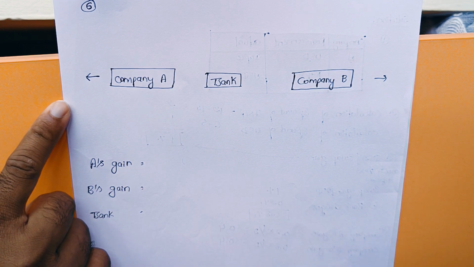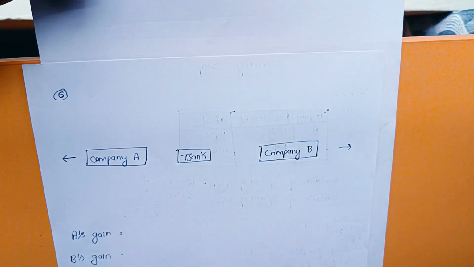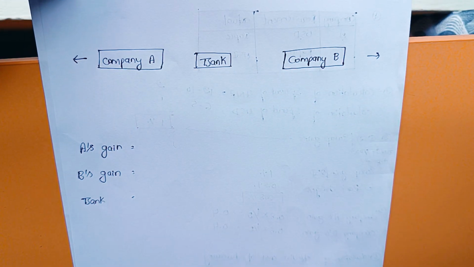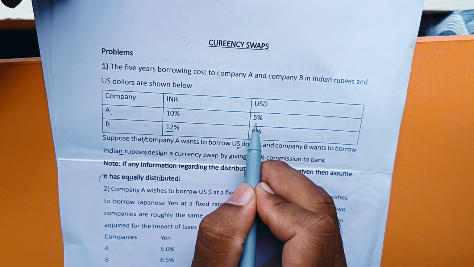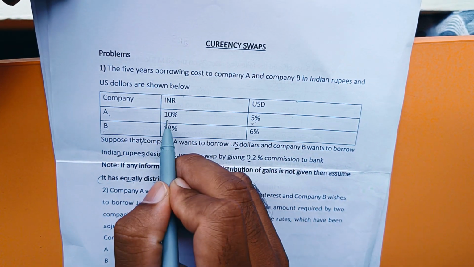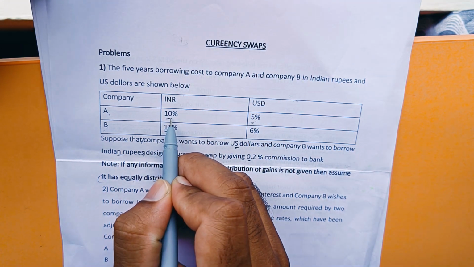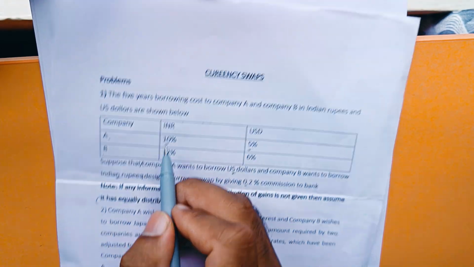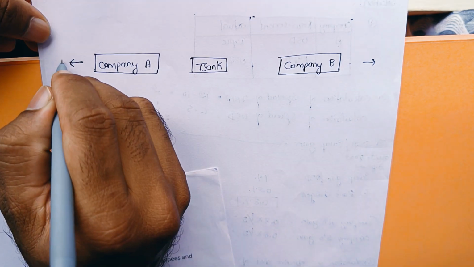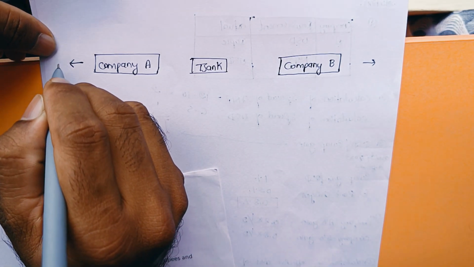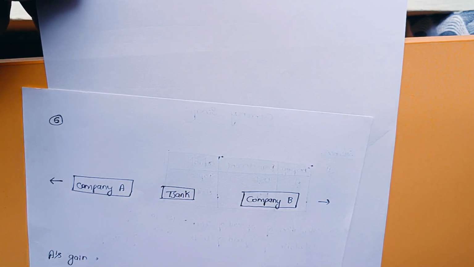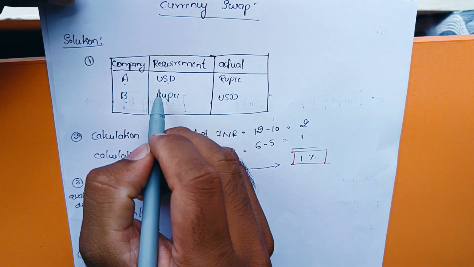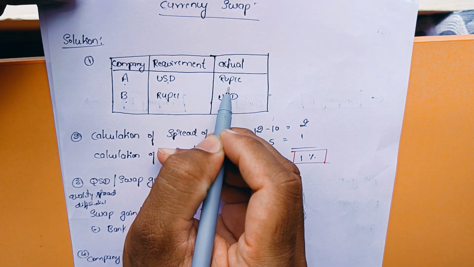Coming to the diagram or the design, here is company A's open market rate. Open market rate is nothing but what it is actually paying. Company A wanted USD, but now it's paying in the open market INR. Remember, whatever I am writing on this arrow is nothing but what company A is actually paying.